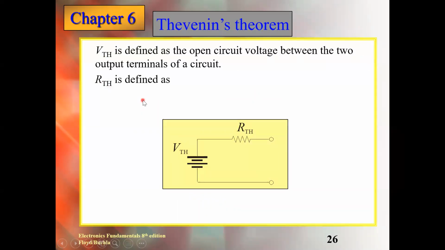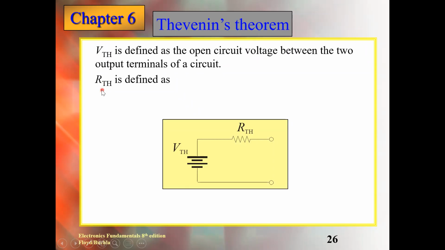VTH is defined as the open circuit voltage between the two output terminals of the circuit. That is, whatever circuit is given, and we need to find the Thevenin circuit between points A and B, you need to calculate the voltage between those points. That voltage is called VTH.